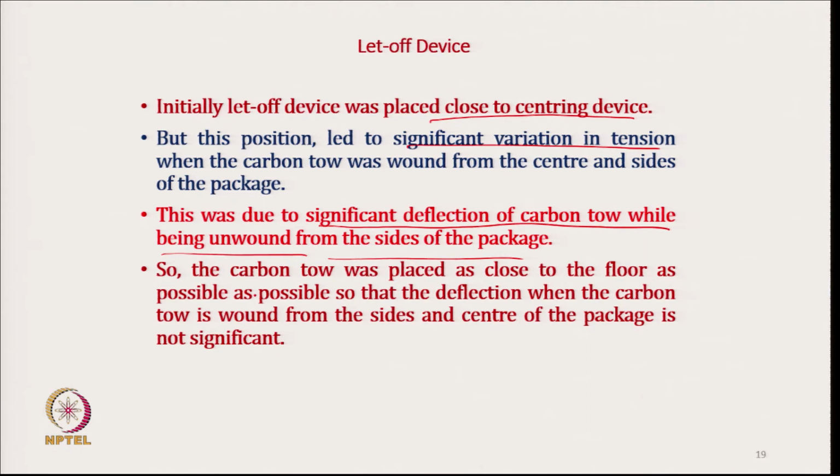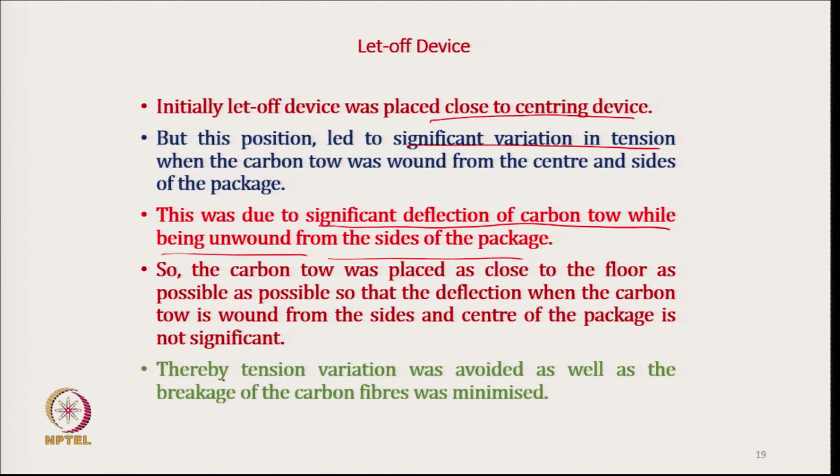So, carbon toe is placed close to the ground, okay, and what we have found is that the tension variation was not that significant. So, that tension variation was avoided as well as the breakage of carbon fiber was minimized, which was due to the high tension variation at the entry point.